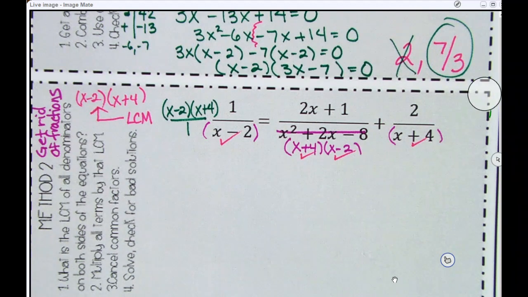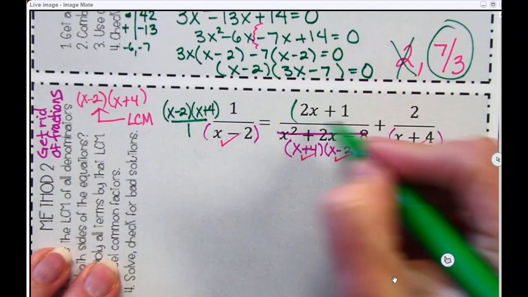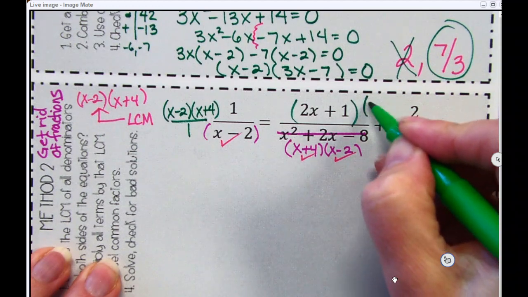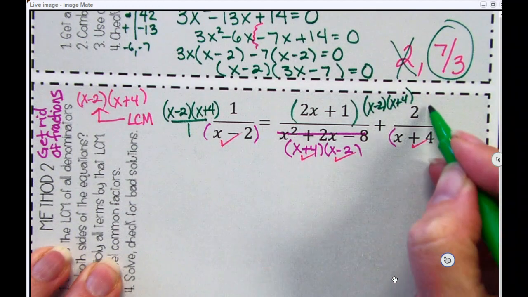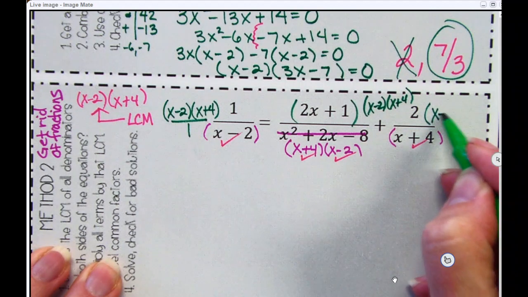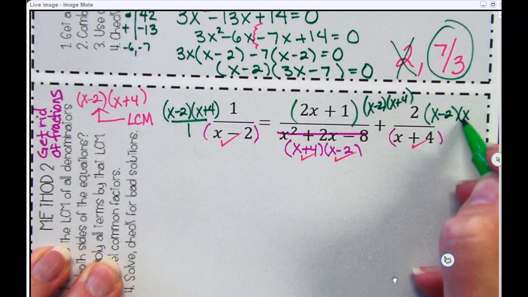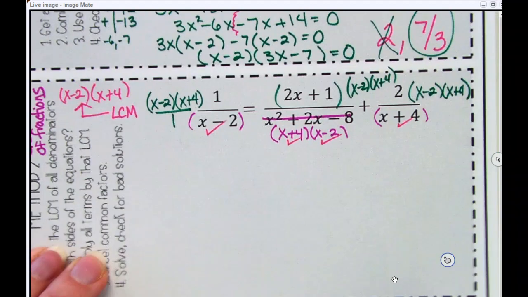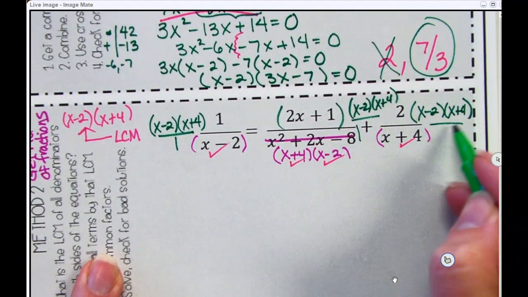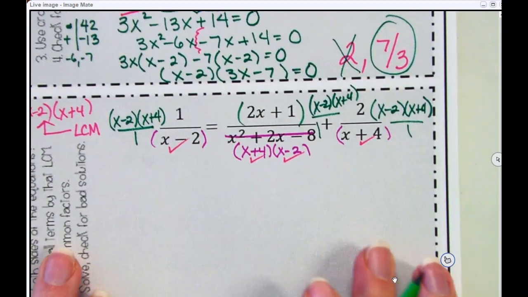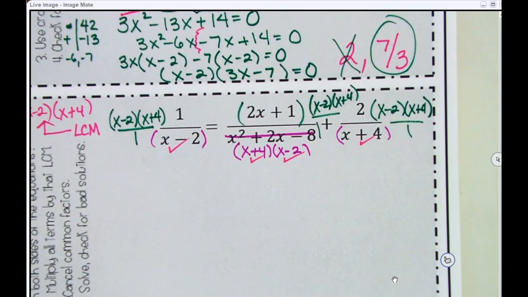Or I'm just going to write it right now with it distributed through. So I'm going to times this by x minus 2, x plus 4. I'm also going to times this by x minus 2, x plus 4. I'm going to put the over 1, the over 1. Some of you won't need to see that. Some of you like to see it.